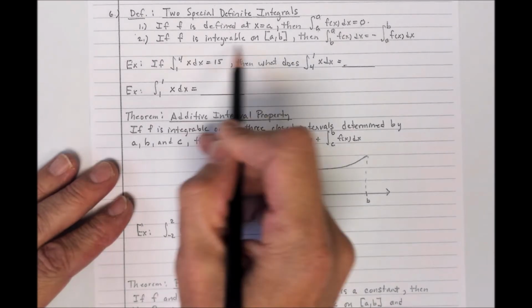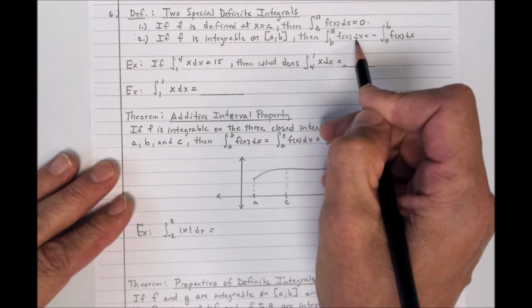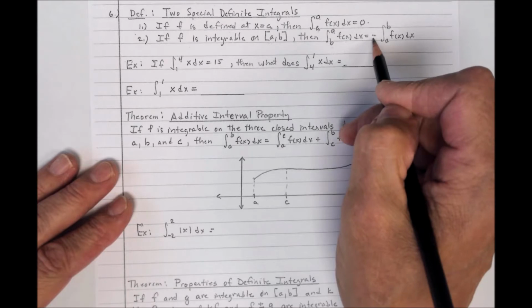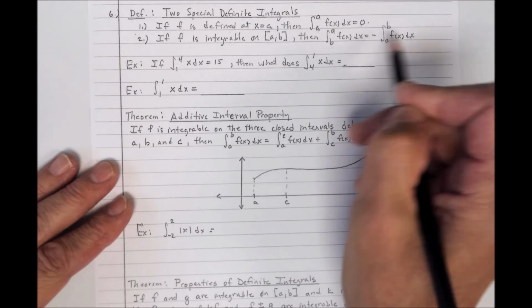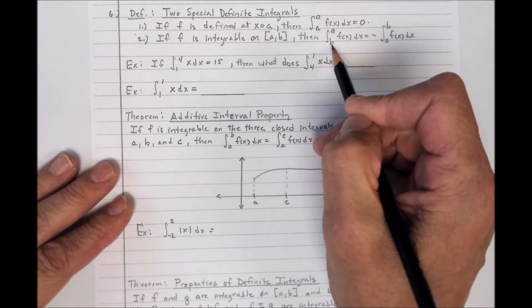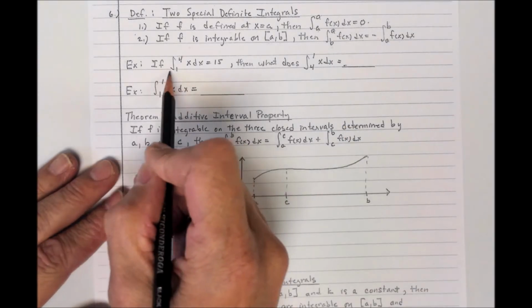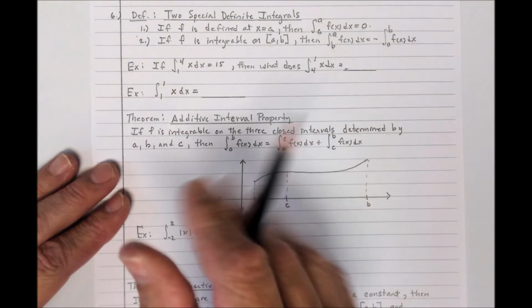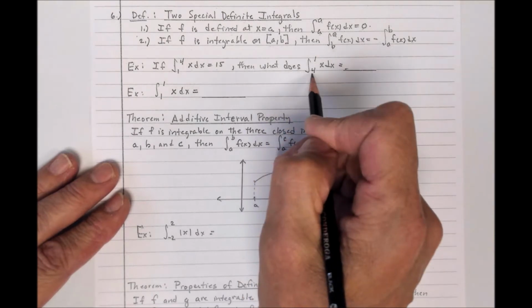And if f is integrable from a to b, then the integral from b to a of f of x dx, where we're reversing the limits of integration, is equal to the opposite of the integral from a to b of f of x dx. So if you flip-flop these two, you're getting the opposite of what you started with. So look right here. In this example, if the integral from 1 to 4 of x dx is 15, then what is the integral from 4 to 1?